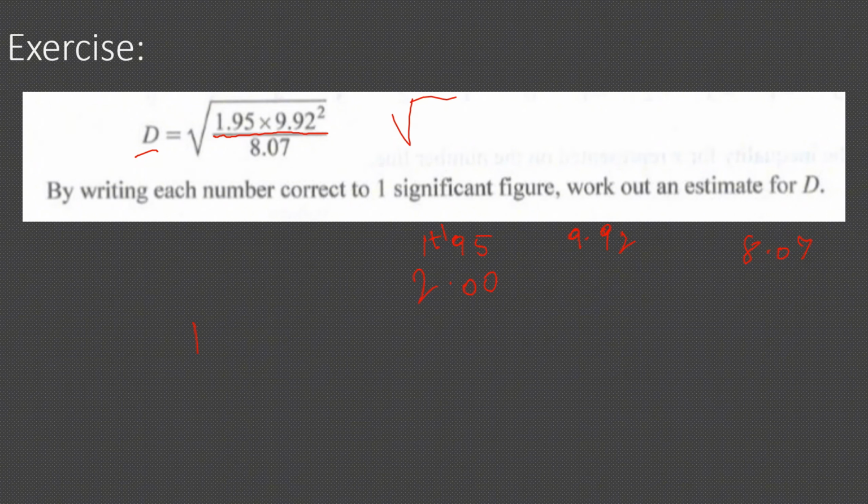So here's the first part. We can do the square root, and then we can say 2, because remember, in the decimals, if there's 0, 0, you don't need to add it. The next number is 9.92. The first significant figure here is, remember, 9. And so now we can look at the next figure, which is 9 as well, and we can round it up because 9 is in the range where we can round up.